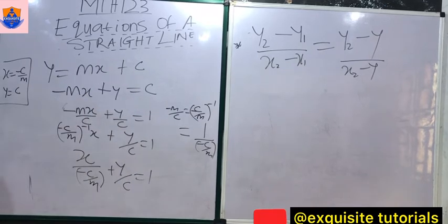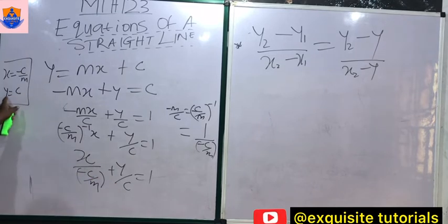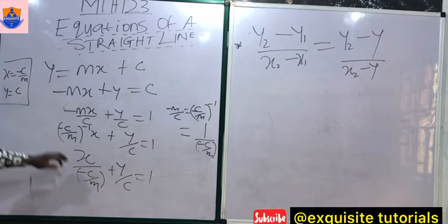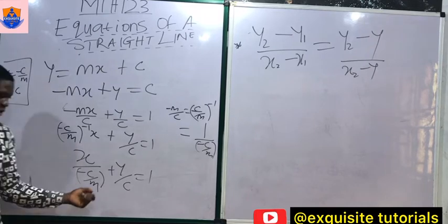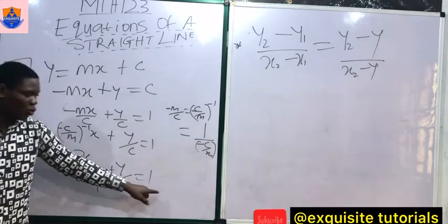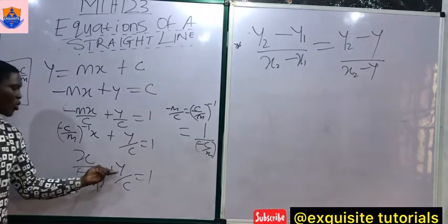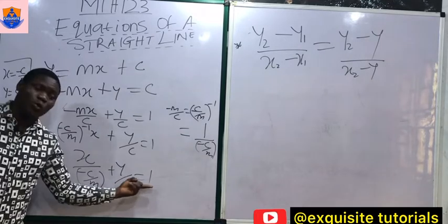Now, do you remember that minus c over m is the intercept on the x-axis and c is the intercept on the y-axis? Now, to get the equation of a straight line when you know the intercept on the x-axis and the intercept on the y-axis, x over the intercept on the x-axis plus y over the intercept on the y-axis will always give you 1.